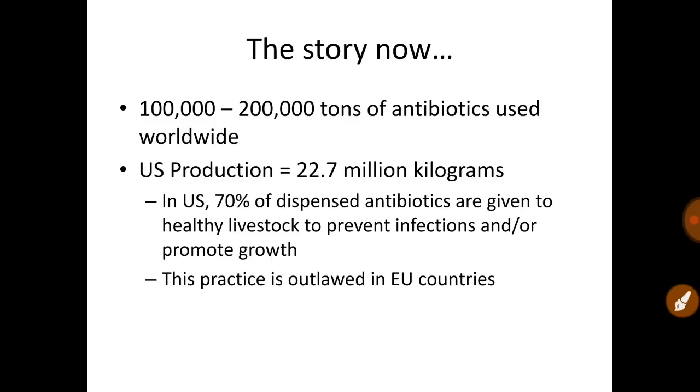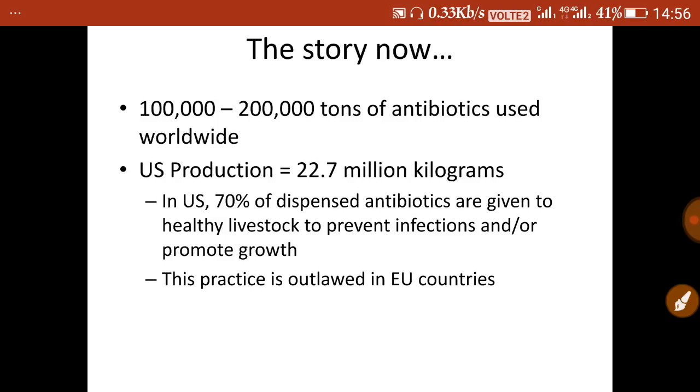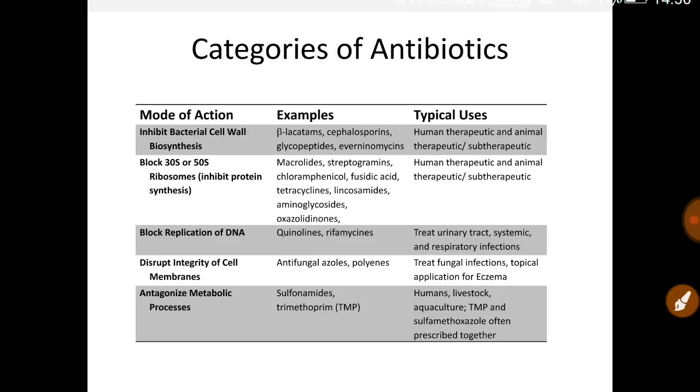In US, 70% of dispensed antibiotics are given to healthy livestock to prevent infections and or promote growth. This is a matter of concern. This practice is outlawed in European Union countries.